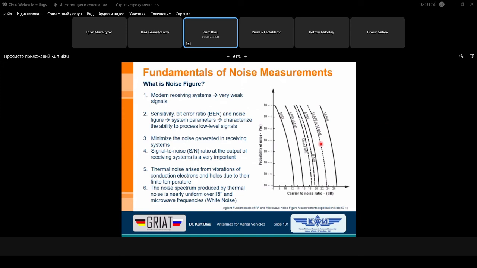But what we can see here is the so-called probability of error. It means if we want to receive these digital signals, for instance for clear speech or a good picture, we have to hold a certain error of transmitted digital symbols.